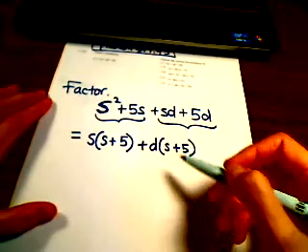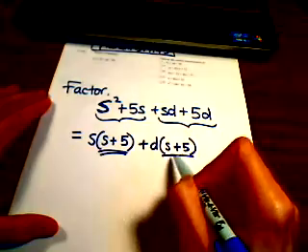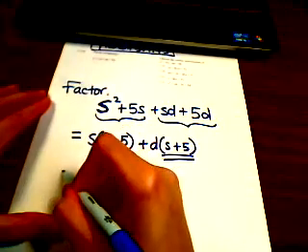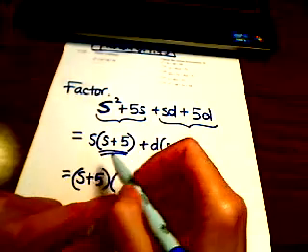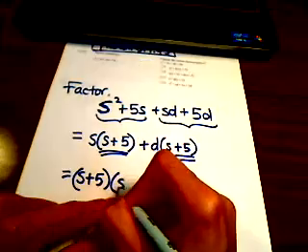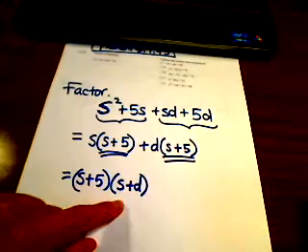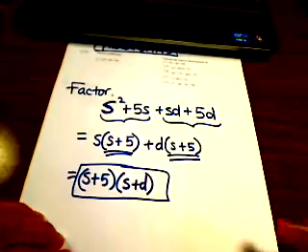Now if we reevaluate, we do see a greatest common factor at this point, and the greatest common factor is this binomial, s plus 5. So I can pull the s plus 5 out, and I'm left with s in order to get that term back, and a plus d in order to get that term back. So that would be your answer on that one.